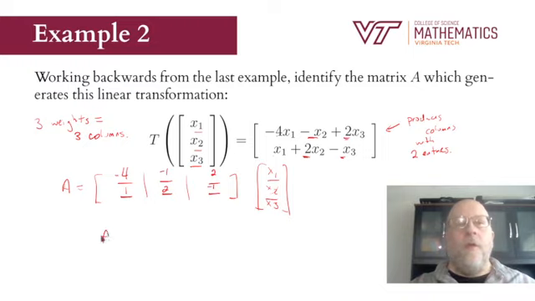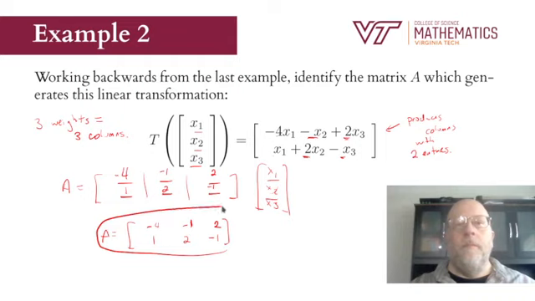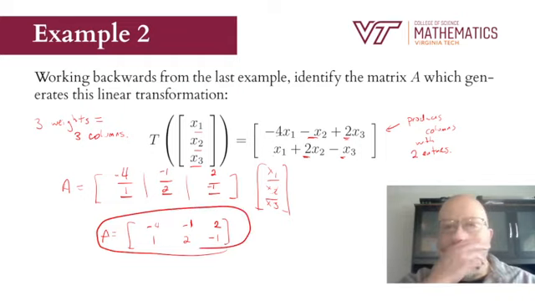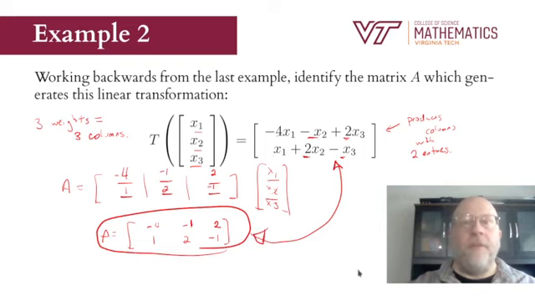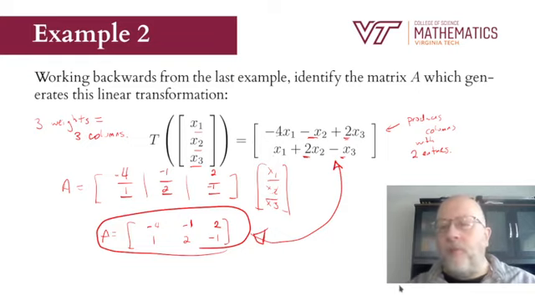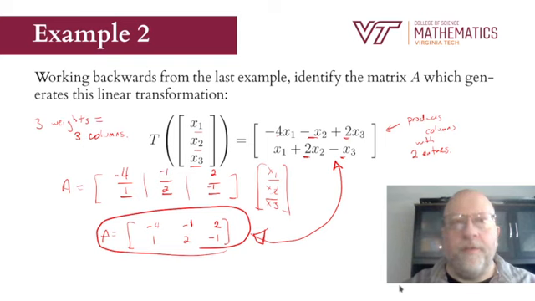And so the matrix that we're looking for is -4, -1, 2 in the first row and 1, 2, -1 in the second. So if we know the matrix, we can build the transformation. And if we know the transformation, we can build the matrix. We can do either of these skills algebraically, and they should not be too difficult.